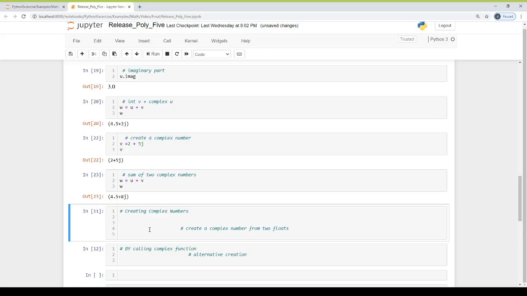Creating a complex number from two floating numbers. Let's do it.